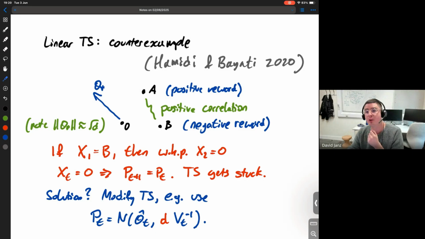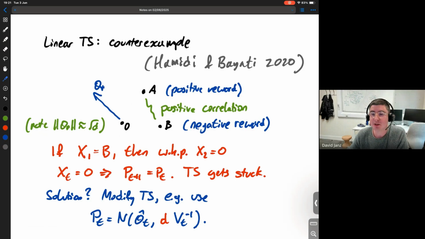Now, one thing to notice about this counterexample is it only works if the norm of theta star is roughly square root d. That's fine, but that's something to keep in mind for later. And is there a solution?